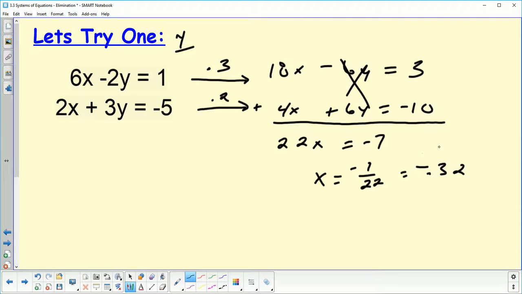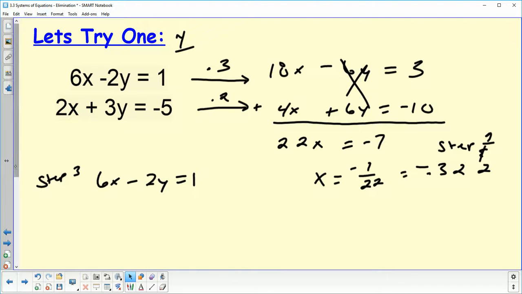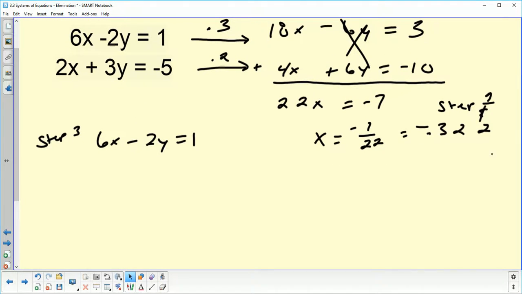Okay, that is step 2. So step 1 was right here, multiplying. Step 2 was solve. Step 3, I'm going to come over here, and again, it doesn't matter which equation we choose. I'm just going to take that first equation because that's usually easiest for me. Just take that first one, no confusion, and I'm going to plug in negative 0.32 for x.